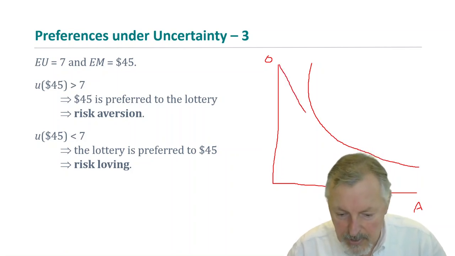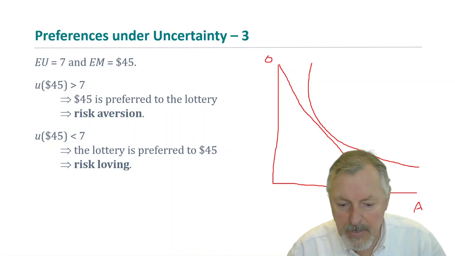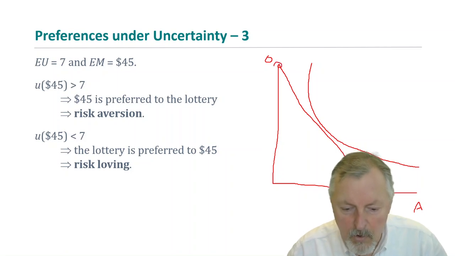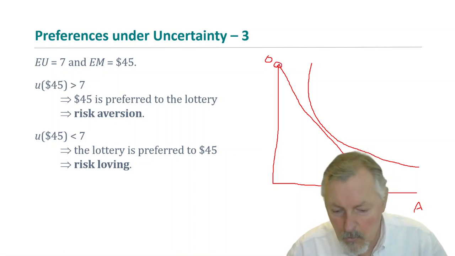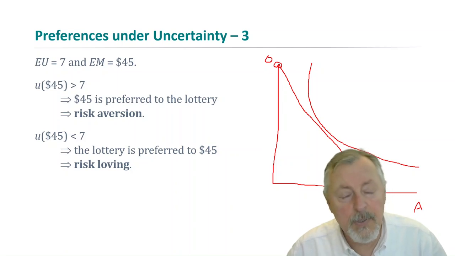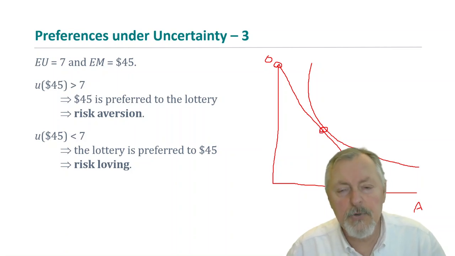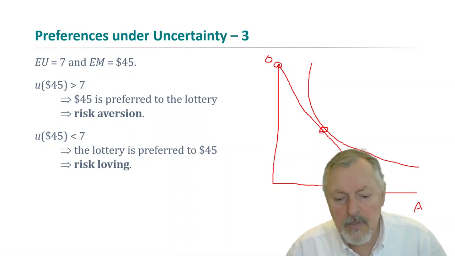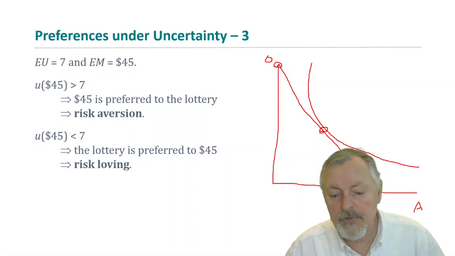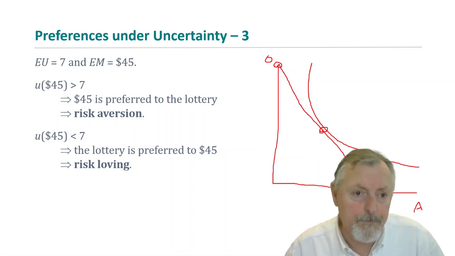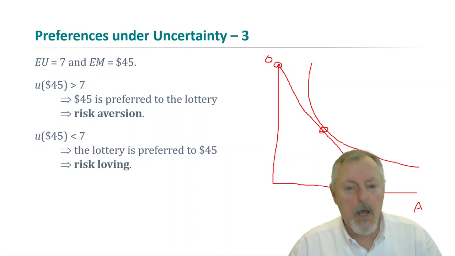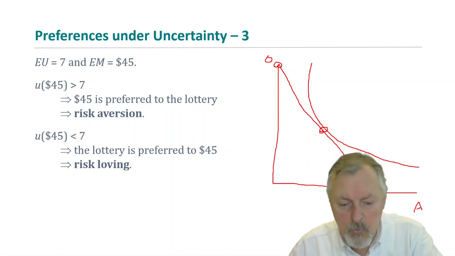If here's your budget line, well, all oranges or all apples don't make people as happy, usually, as a mixture. People like intermediate amounts. By having some apples and some oranges, you can get to a higher indifference curve. You can be happier. The same is true of consumption in different states of the world.